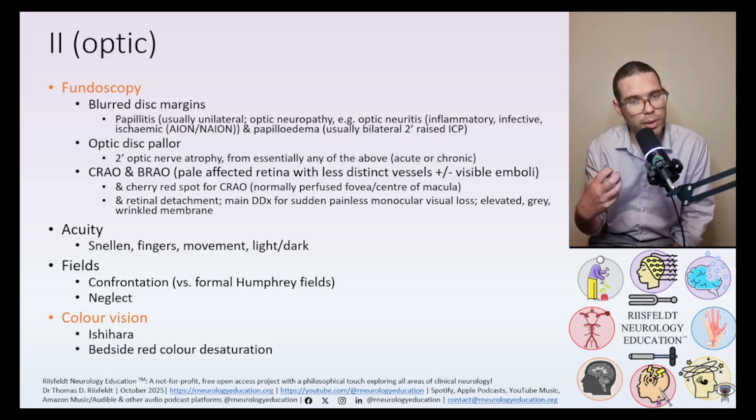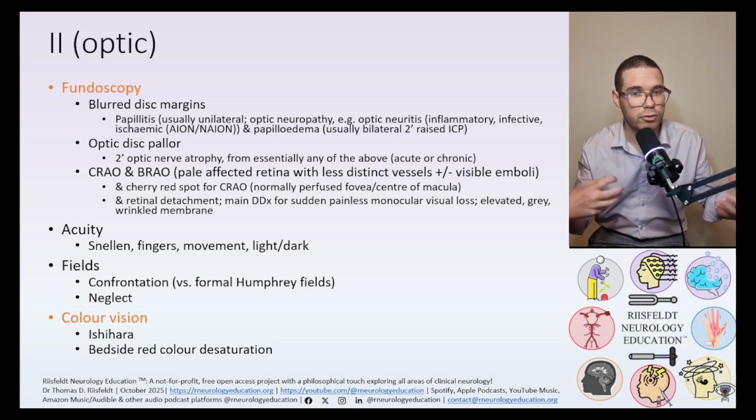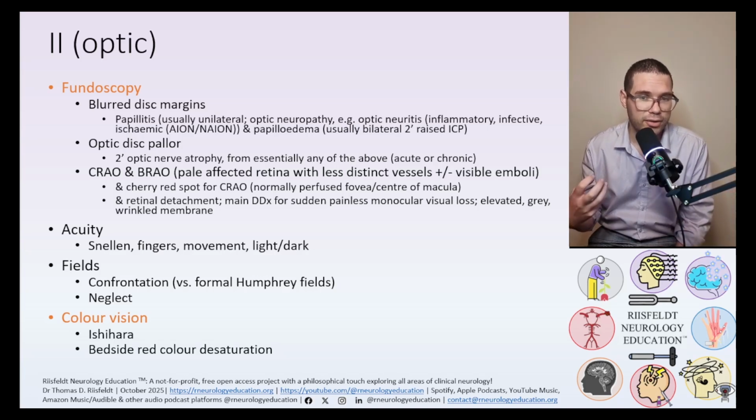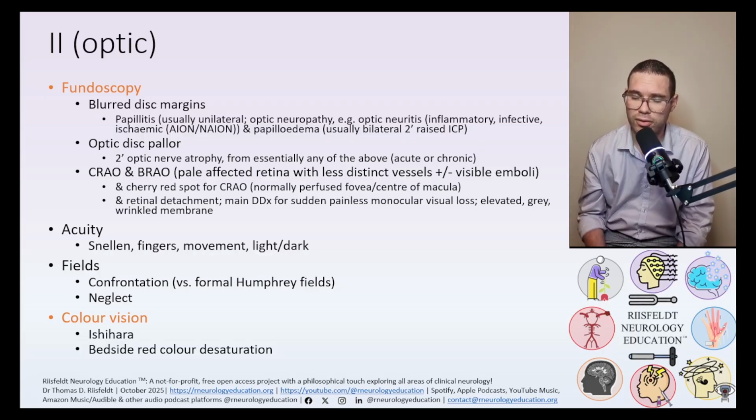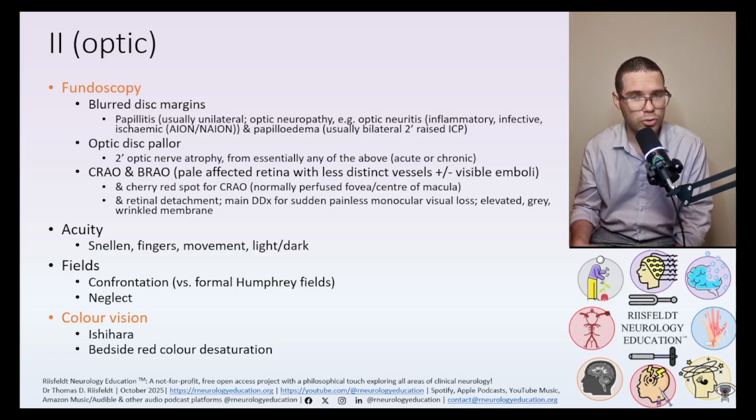And that's going to be caused by an optic neuropathy, using that as a broad umbrella term to encompass a number of etiologies. And that classically in neurology would include optic neuritis, classically an inflammatory optic neuritis, which is what we normally think of when we think of optic neuritis, which could be either a clinically isolated syndrome, not in itself diagnostic of multiple sclerosis, or it could be a demyelinating episode in the context of someone who has multiple sclerosis. Alternatively, it could be infective, or it could be an ischemic optic neuropathy.